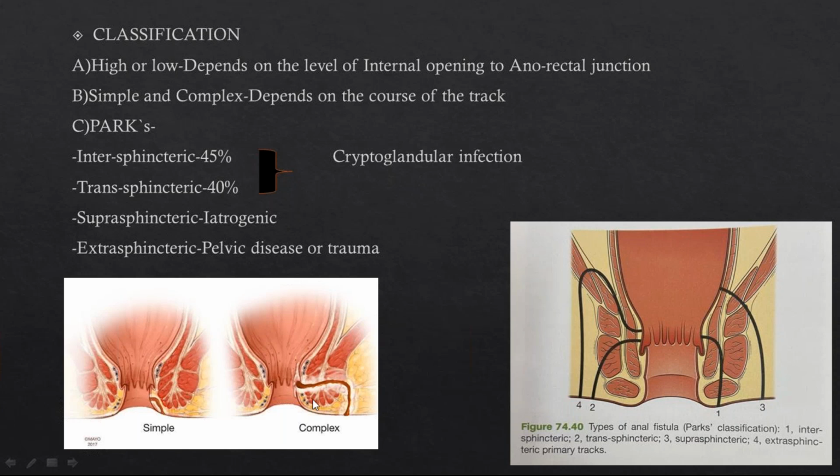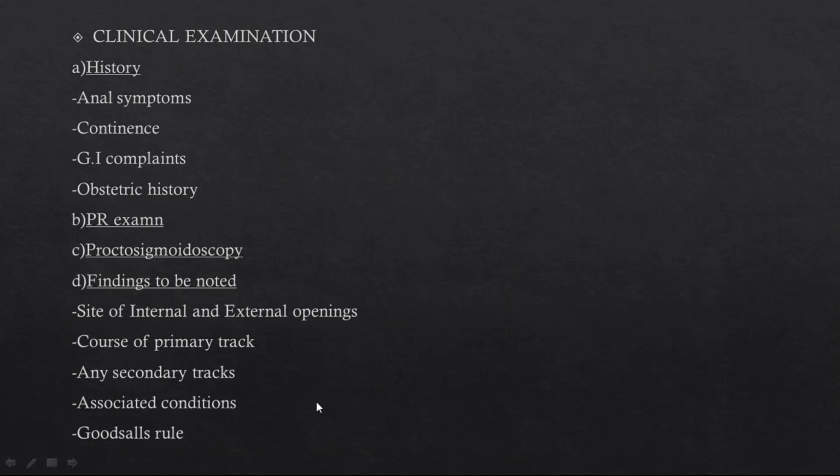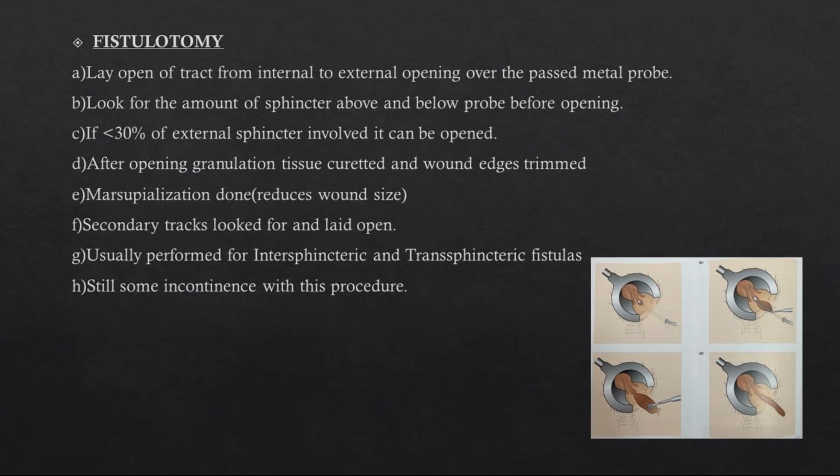In such cases, if you open, you will be opening the internal sphincter and external sphincter. Suppose if you put a probe somewhere here, there is some 10% of external sphincter involved. In such cases, you can perform a fistulotomy. Okay, that is what I have written here.